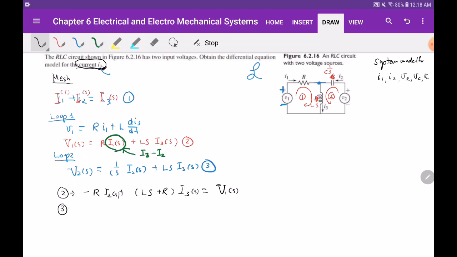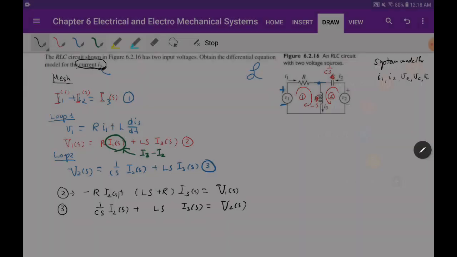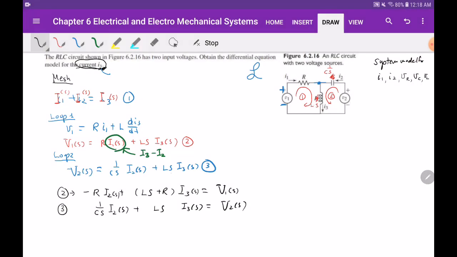Equation 3 becomes the same thing: 1 over CS times I2 sub S plus LS times I3 sub S equals V2 sub S. Let me check my equation one more time. That's R times I1 plus LS times I3 equals V1.